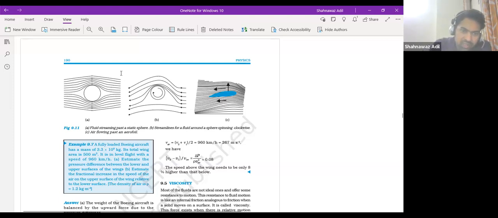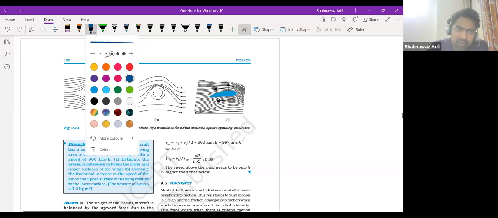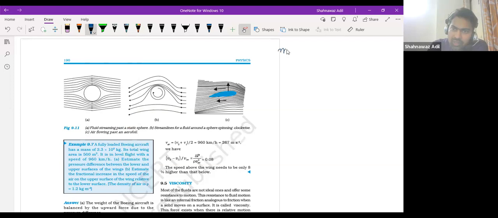So first thing, what are the things which are given? A fully loaded Boeing aircraft, so mass is given, which is 3.3 into 10 to the power 5.